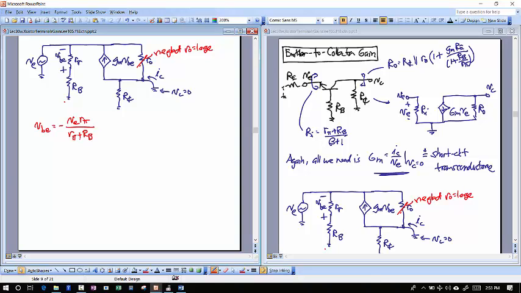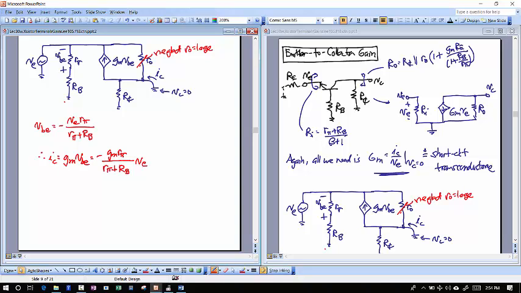Okay? And therefore, I can write an expression for IC immediately. So IC is going to be GM times VBE. If I neglected that R naught there, all of that current is just going to come from GM times VBE. And if I plug this into that, this is going to be minus GM times R pi over R pi plus RB, and all of that times VE.